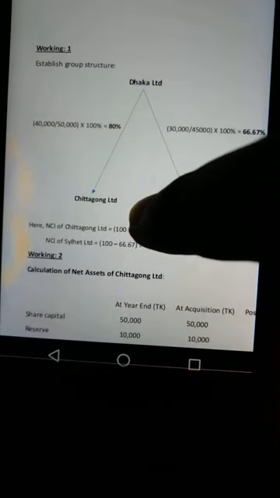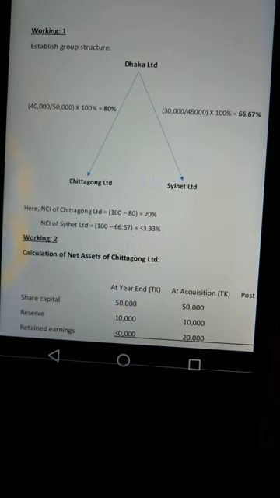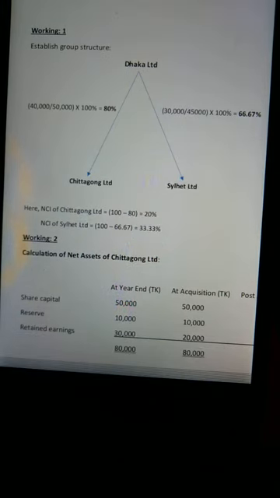Here it is important to understand that in working 1 we establish the group structure.